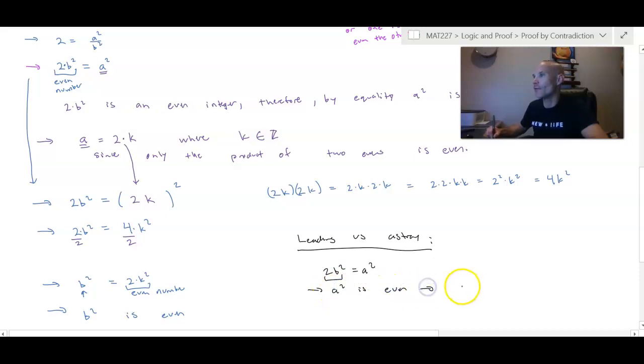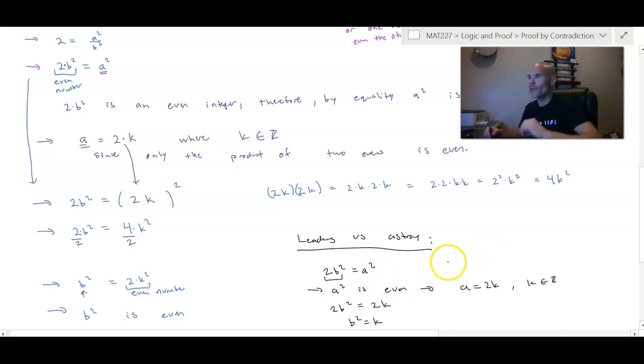And by definition, that would mean that a is equal to 2 times some integer. And that would lead us to the statement 2b squared equals 2k. And then you divide by 2 and you just get b squared equals k. That's a valid statement, but it isn't a useful one.